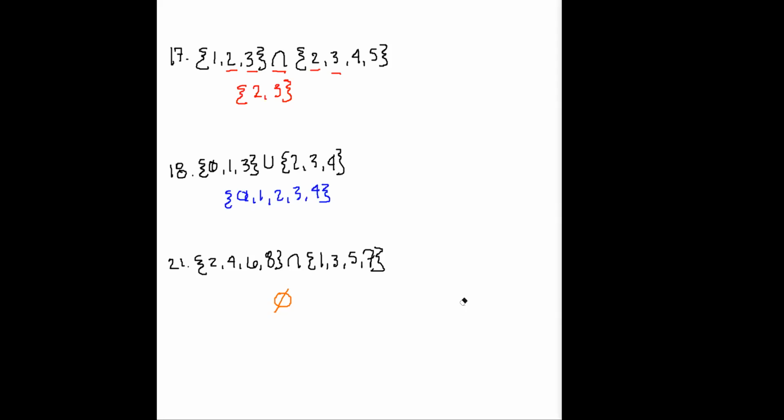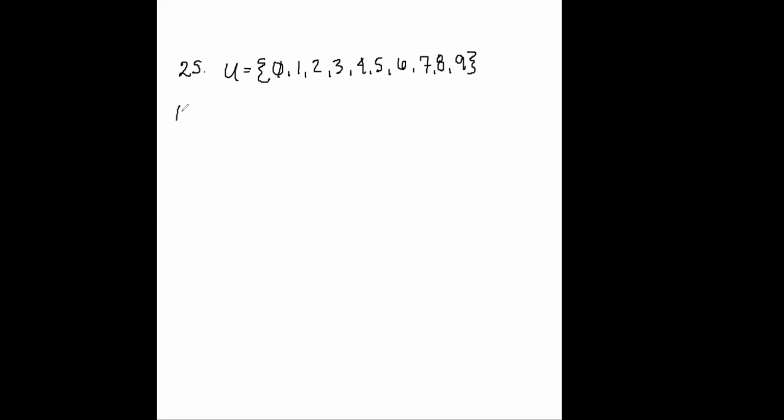Let's go ahead and do number 25. So we've got U equal to the set 0, 1, 2, 3, 4, 5, 6, 7, 8, and 9.